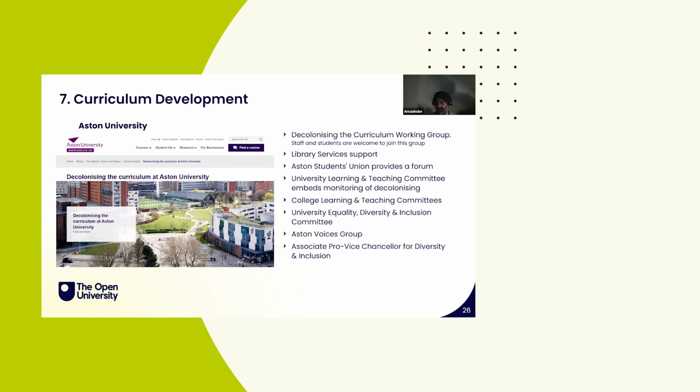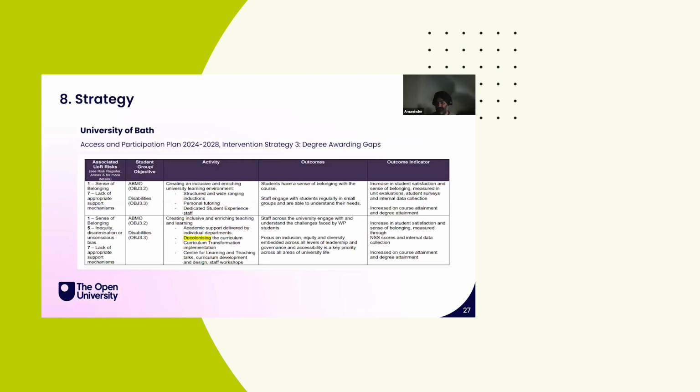And they're trying to get all this information collated and then make sure that their awarding gaps and attainment gaps are reduced. So they're doing quite a bit. And at Aston, we found that it's one of the universities in the UK doing quite a lot in the decolonizing space.